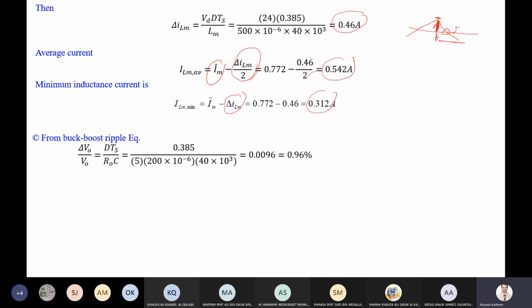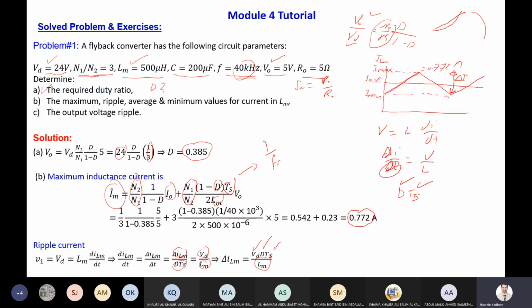Now, is this clear? The maximum, minimum, average, ripple current? Clear, right? Great. Now, for the last, let me go back to what he wants me to do. I completed section B. The last part is section C, which talks about the output voltage ripple.